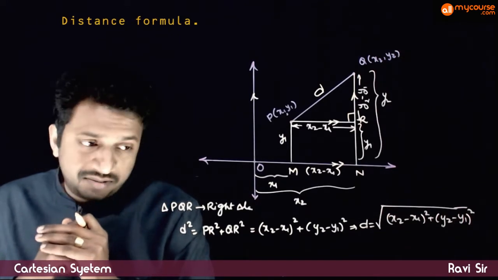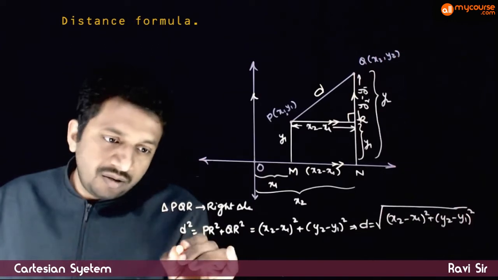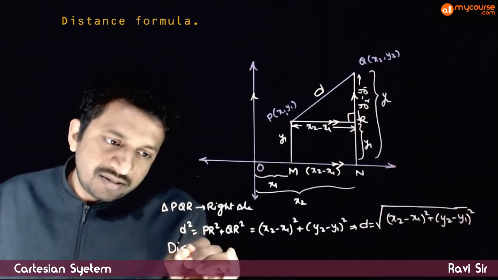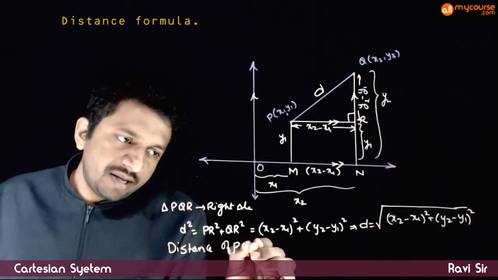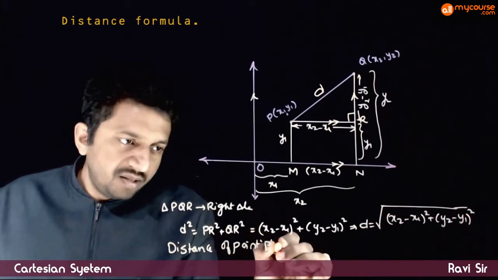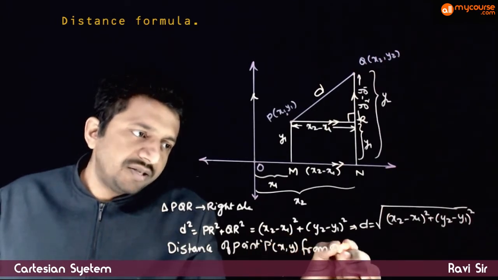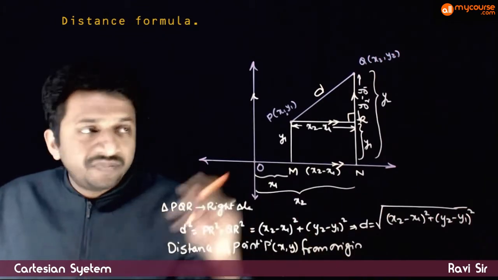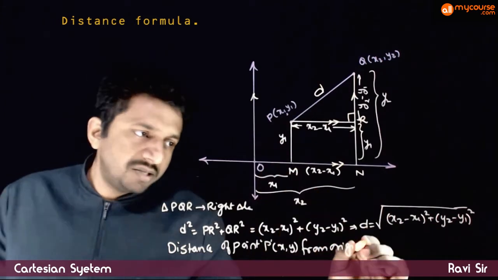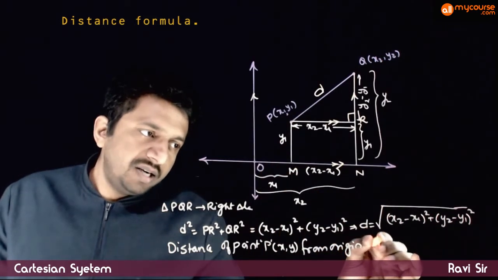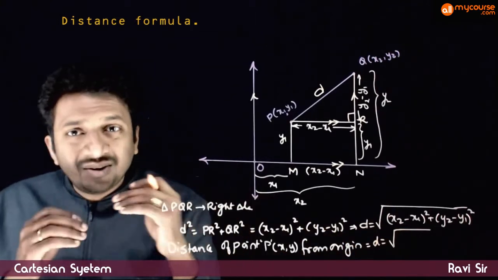And in a special case, if one of the points becomes origin, the distance of point P (x, y) from origin is a special case. Instead of the second point, you want the distance of P from origin, d is equal to root of, obviously we know that the coordinates of origin are 0, 0.